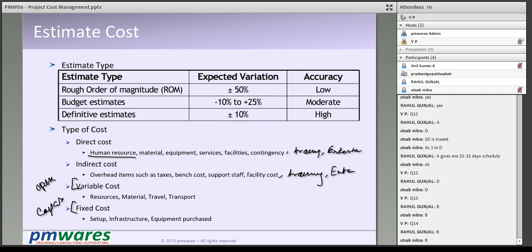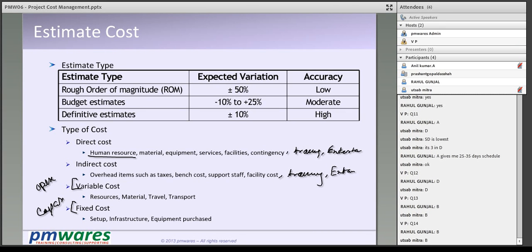Like resource cost, if I reduce the resources sometime in the project, I can reduce the cost. Variable cost is the cost which I can manage over a period of time in the project life cycle. The fixed cost is the cost which, if incurred, irrespective of how the project goes, goes to the project and you cannot make any difference.